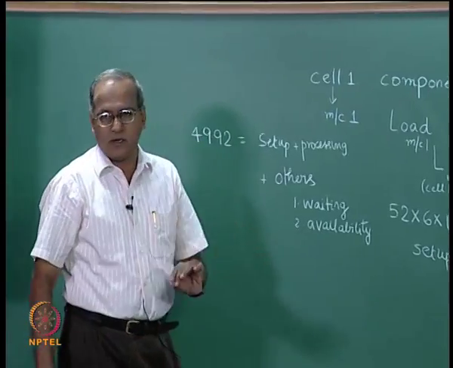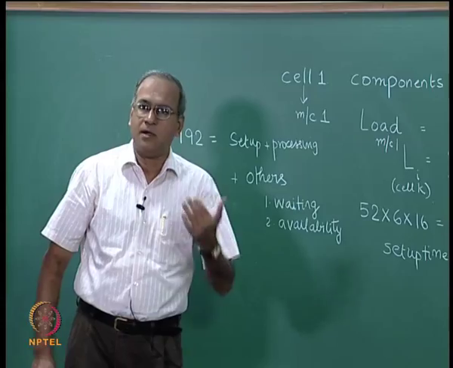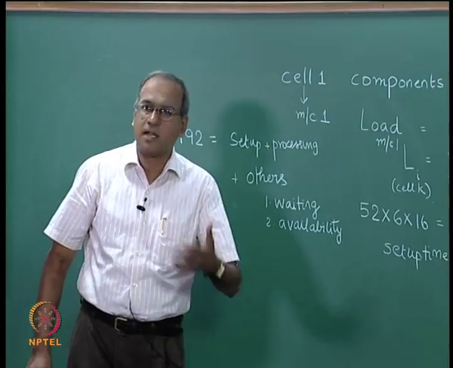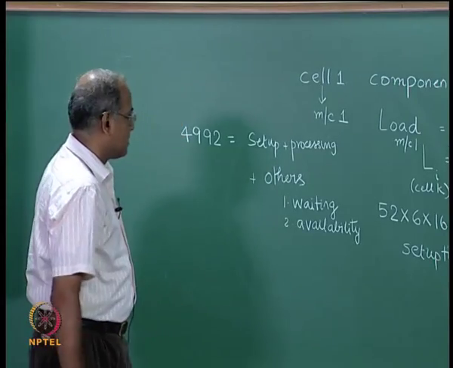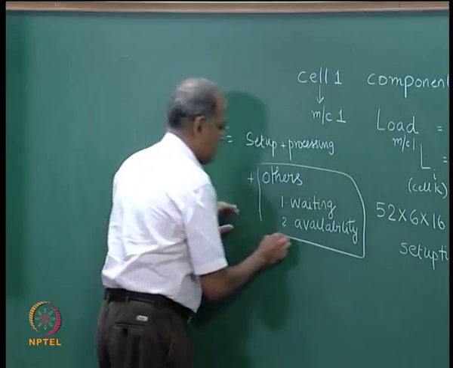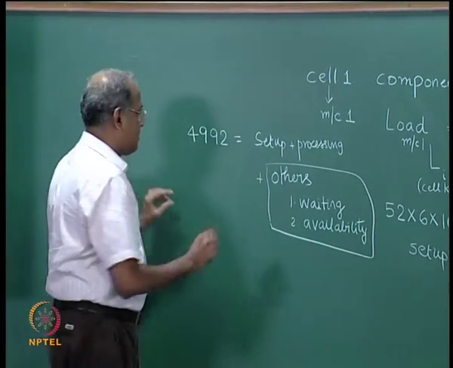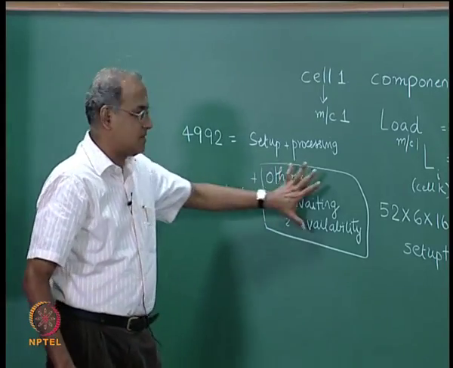There could be a breakdown, there could be part not available, operator not available, consumables not available, and other issues. So, many times all these are factored, and we could say that about 10% is lost in these.